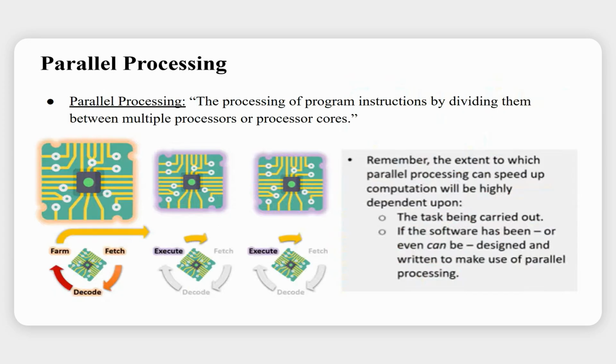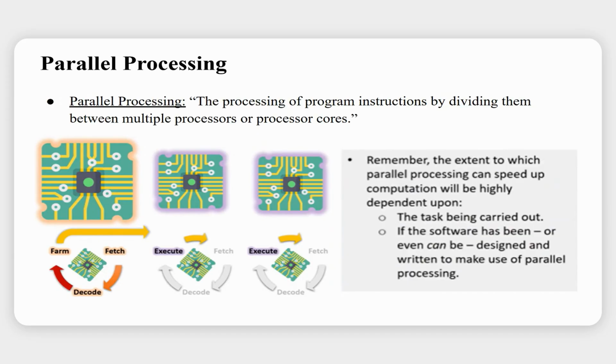Parallel processing is the processing of a program's instructions by dividing them between multiple processors or processor cores. Parallel processing can speed up execution, but it's dependent on the task being carried out and the software that is designed to carry it out.